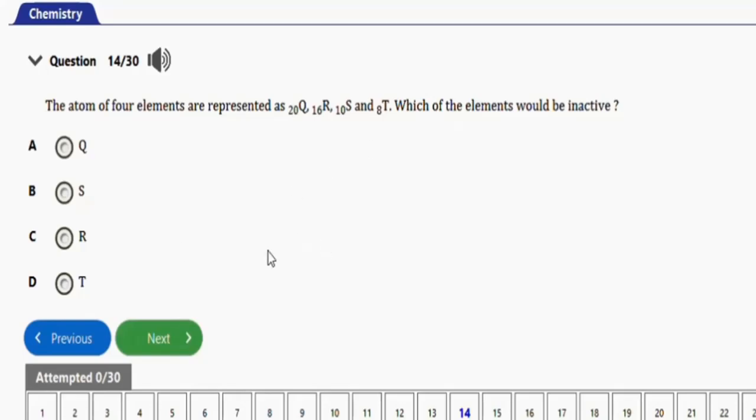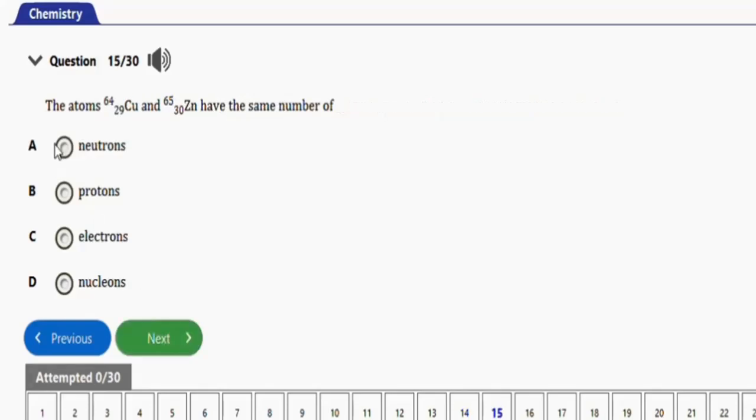Okay, so the next question will be this one. It says the atoms, this is copper and zinc, have the same number of, okay, so let's check this, guys. They will have the same number of neutrons, basically.